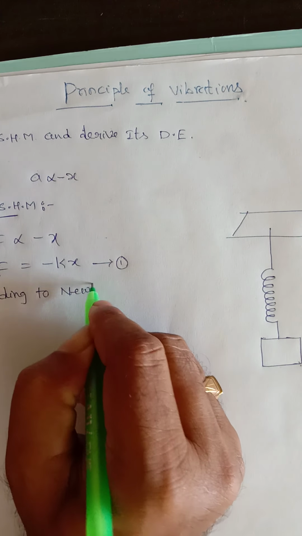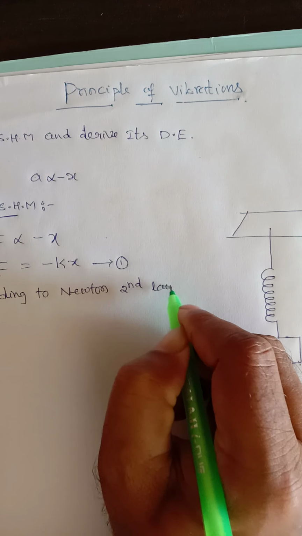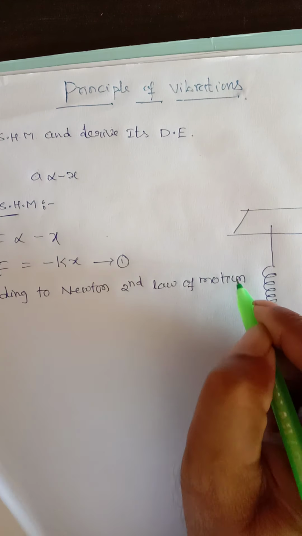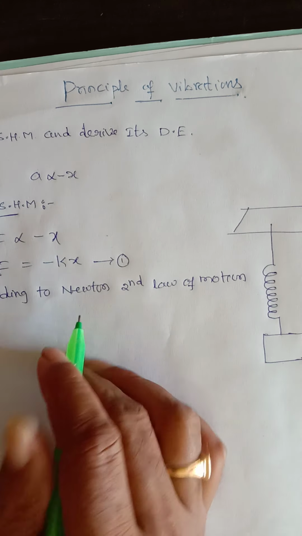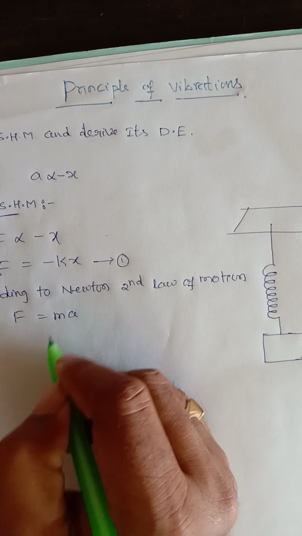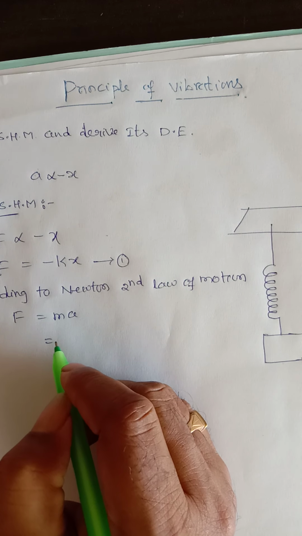According to Newton's second law of motion, F equals ma, where m is mass and a is the acceleration of the body.